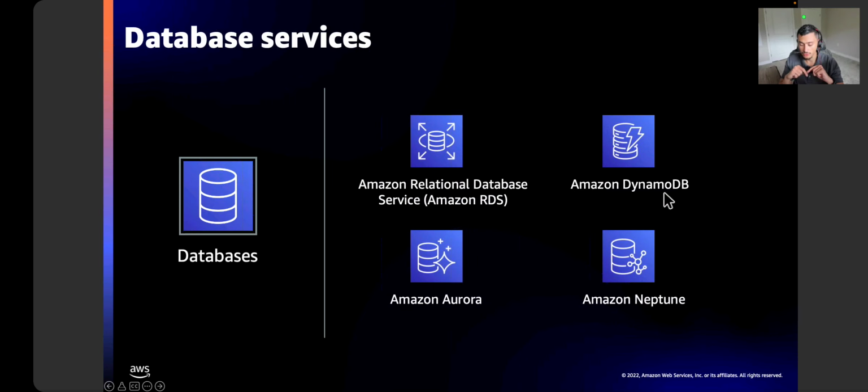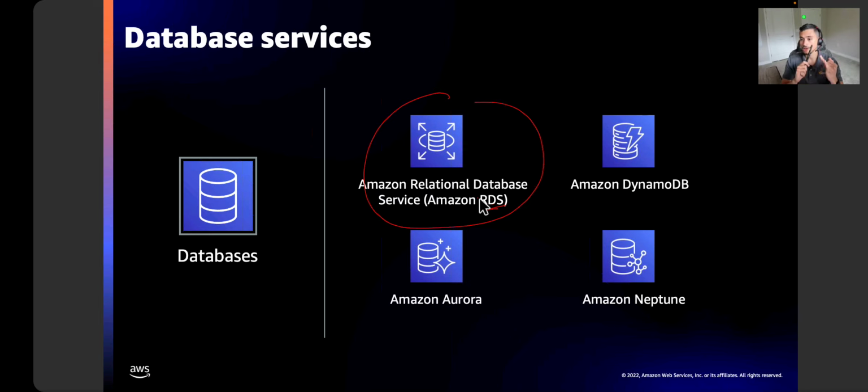And then lastly, in relation to databases, we spoke about RDS a little bit. RDS is our relational database service. It basically allows you to provision, run and scale relational databases in the cloud based on 6 database engines that you can choose from. So there are 6 relational database engines that RDS provides.